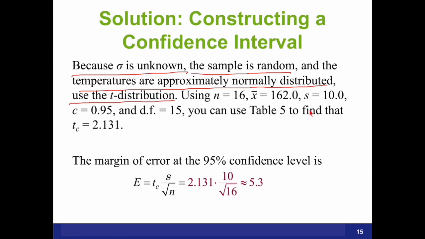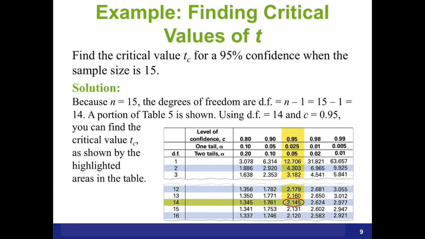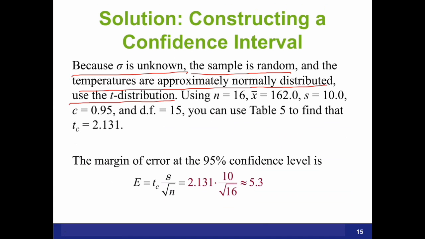So if we use the table to find the critical value, we'll find that it is 2.131. Let's just verify that this is the value. If we go to the table that we presented in the previous example, degrees of freedom are 15, level of confidence is 95, then we look for the value here, and this is 2.131.